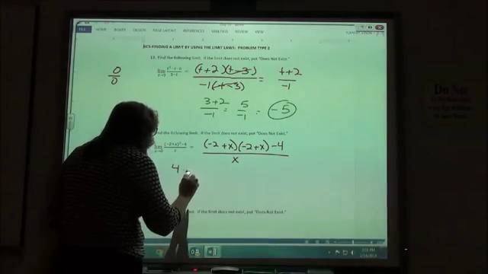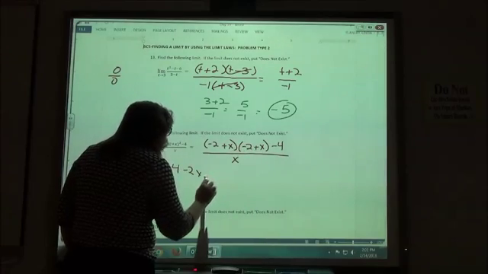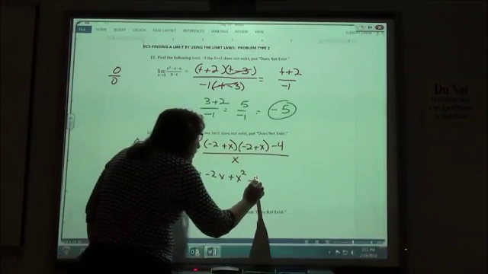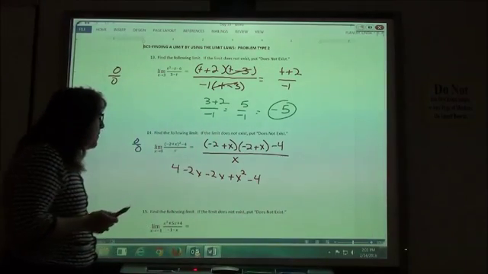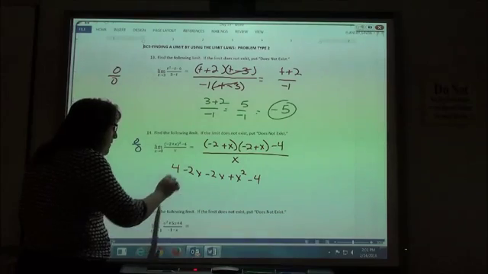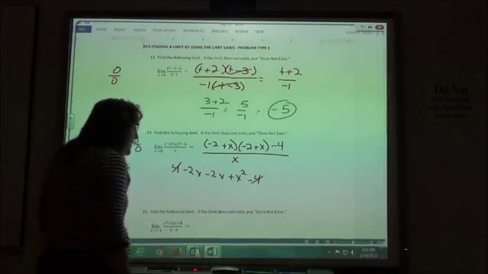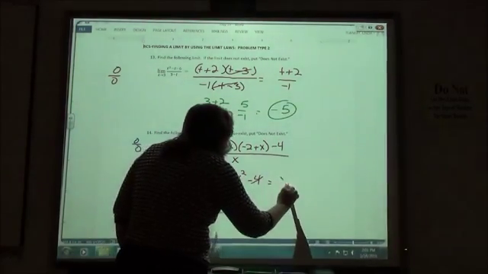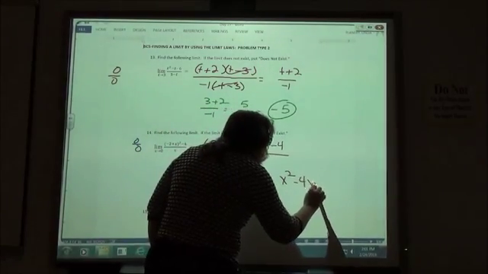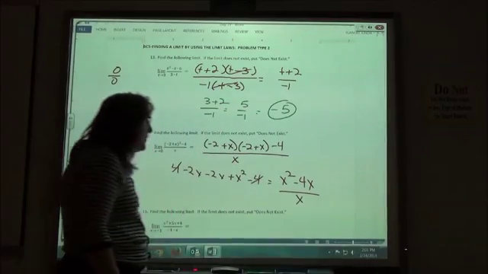Negative 2x. Another negative 2x in the middle. x times x is x squared, minus 4. Just keep working on the top here. I can see here that I'm going to have 4 minus 4, which is 0. So I'm going to have x squared. Negative 2x minus 2x would be minus 4x over x.